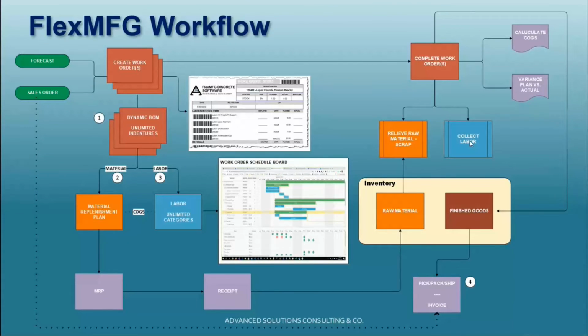I talked about how we can collect labor, so on your work order, I assume there's going to be 2 hours of work for this job, but if it takes 3 and you want to compare the actuals to the plan, we have the capability to do that. And then we complete the work order, we calculate the cost of goods sold, the variance, and we ship it.